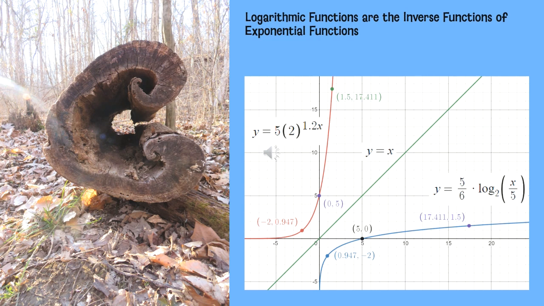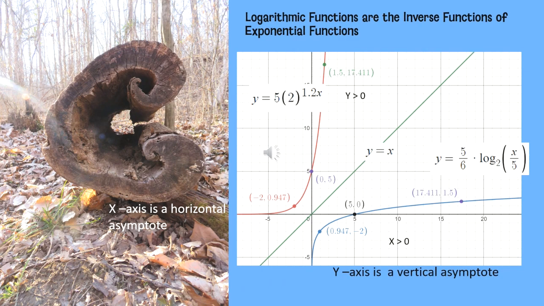On the exponential function, if a negative 2 is put in for the input of x, the y is approximately 0.947, but on the inverse log function, when x is approximately 0.947, the output, or y, is negative 2. Remember, all inverse functions are reflections of each other about the diagonal line y equals x.